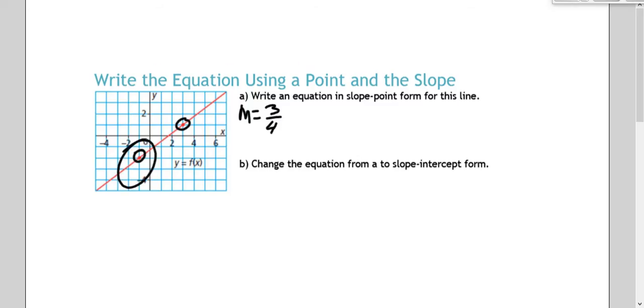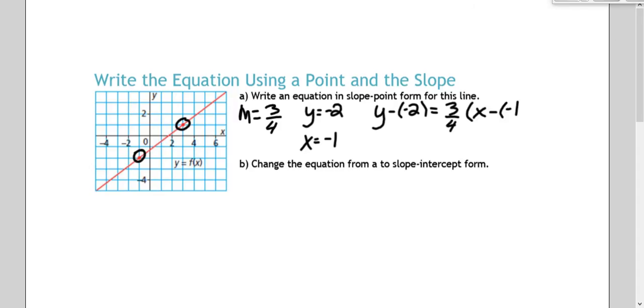So that gives us y equal to -2, x equal to -1. So let's plug that into our form here. y minus -2 is equal to 3/4 (x minus -1), which leaves us with y plus 2 is equal to 3/4 (x plus 1), in brackets.